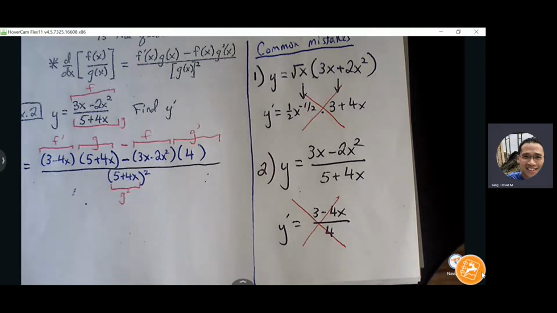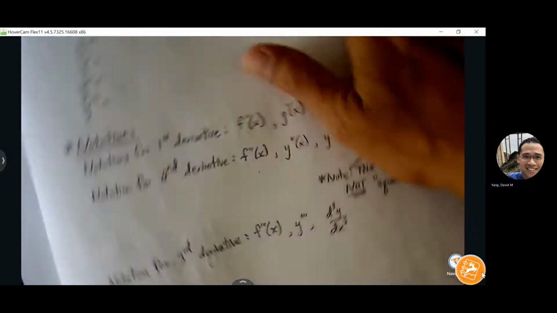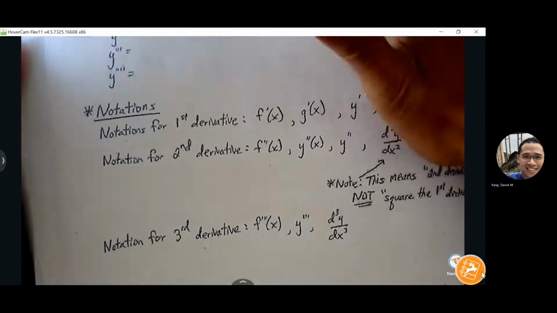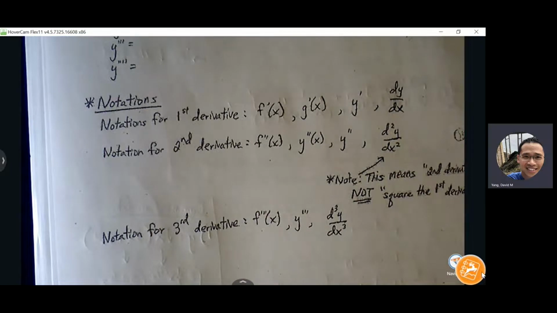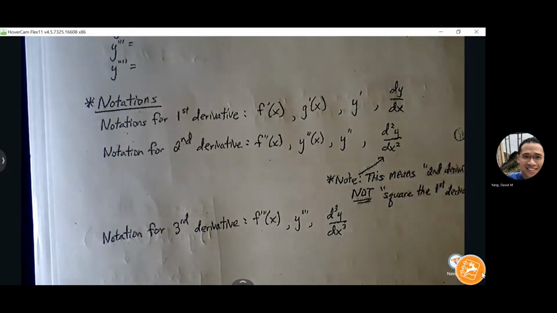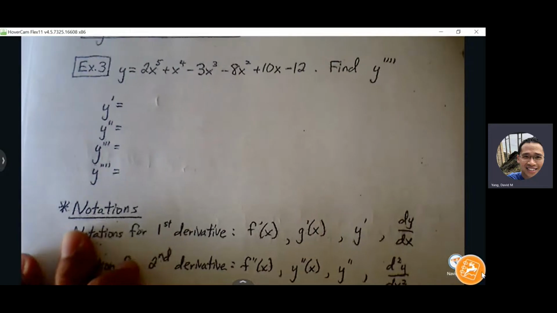Let's go to the next page, page 24. Now, typically, we're not going to have to do a whole lot of derivatives past the second derivative.